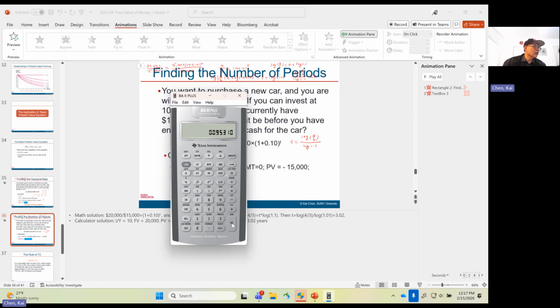Then click the equal sign. Then we know t is 3.018377, approximately a little bit more than 3 years. That means you have to wait a little bit more than 3 years to have enough cash to buy your car, right?